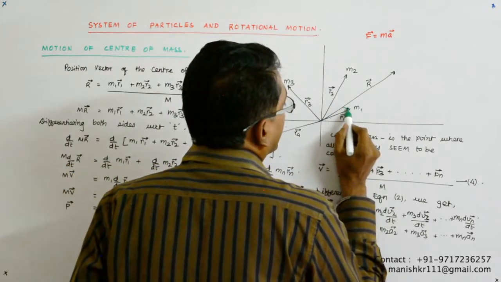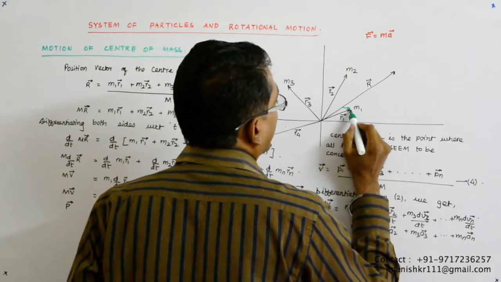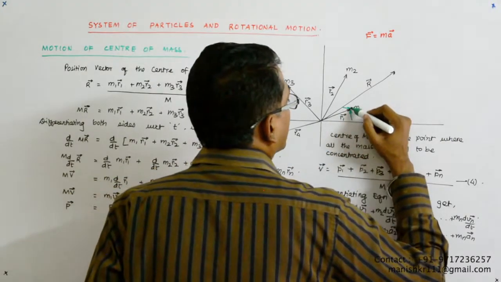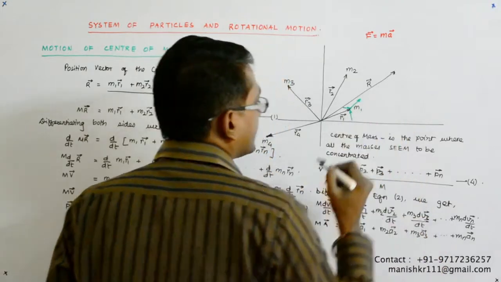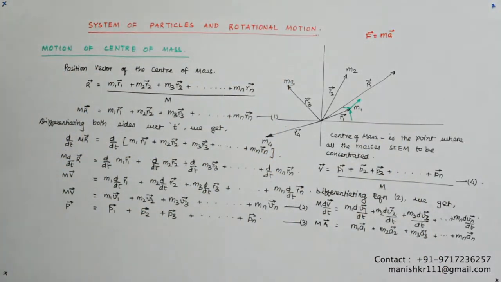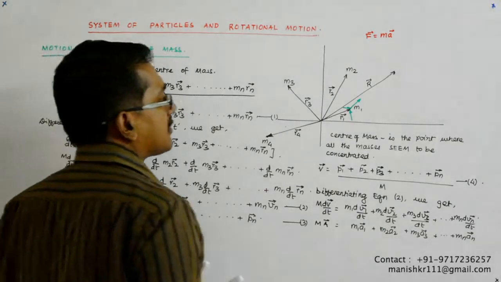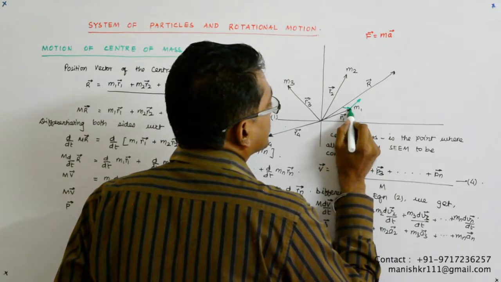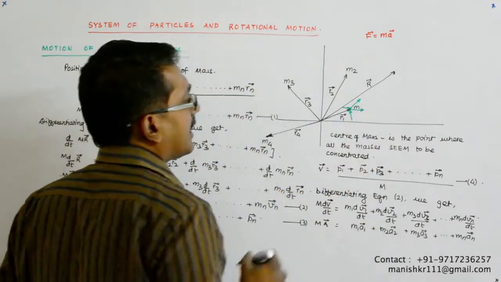So let us say a force acts like this on this body, and another force acts like that, and another force acts like this, and another force acts like that.